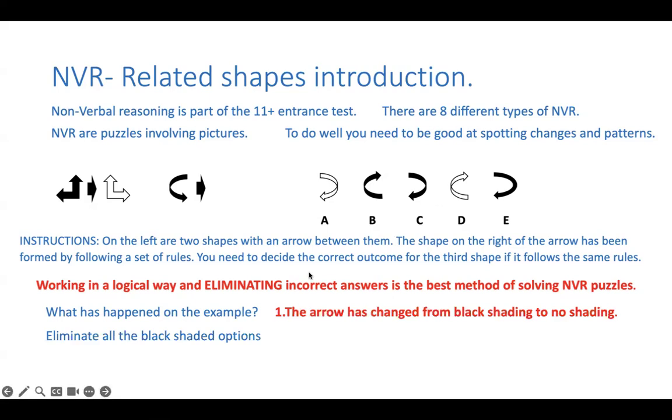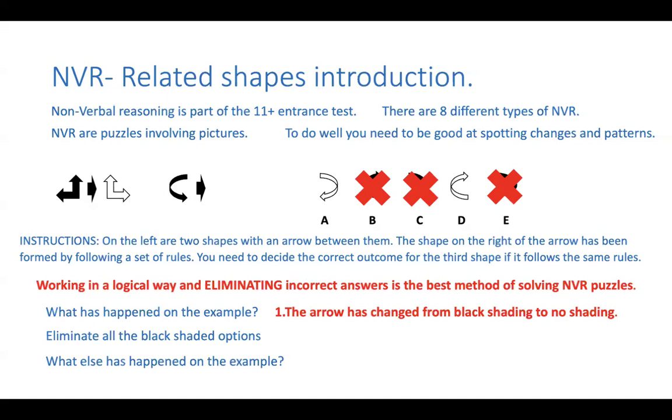Because we know that our shape is now going to have no shading, we can eliminate all the black shaded shapes. So we can get rid of B, C, and E. And that's what I meant when I said you eliminate incorrect answers. If we cross out the ones that it can't be, it then only leaves us with 2 options, which makes things much simpler.